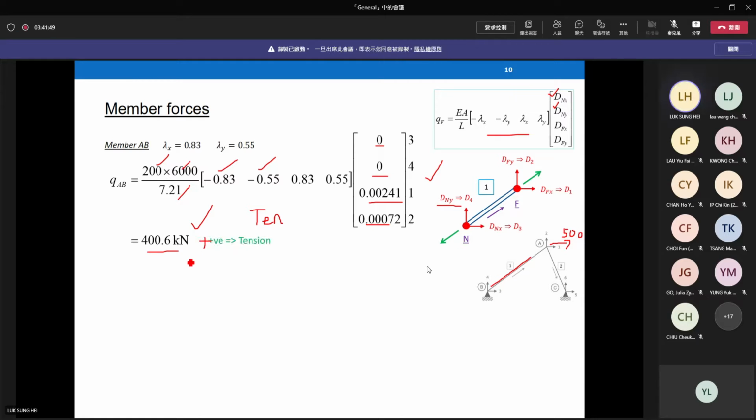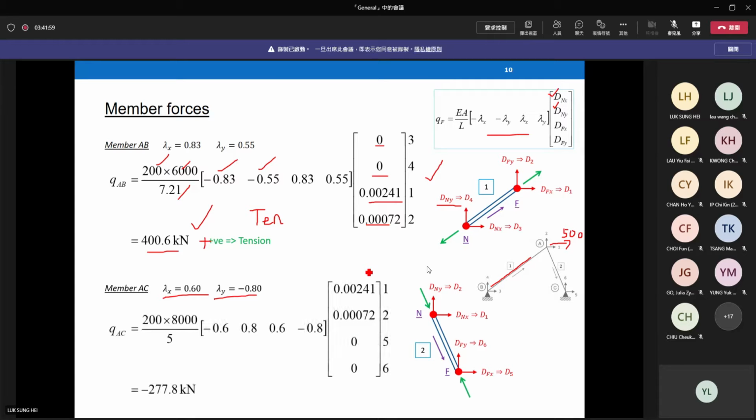Do the same thing for element AC. For element AC, you have a different number, you have a different length. Member AC is member 2. Member 2 is pointing towards the bottom node.